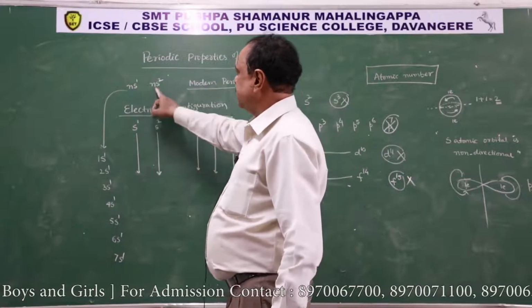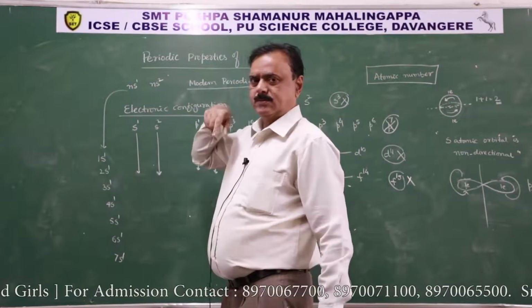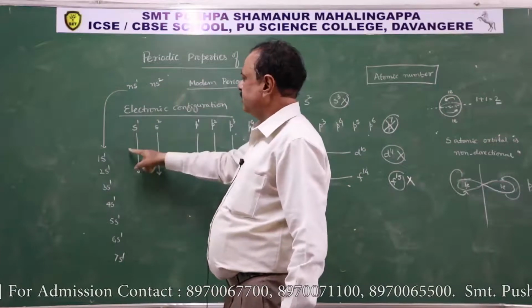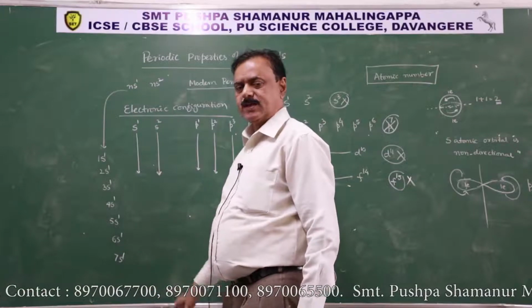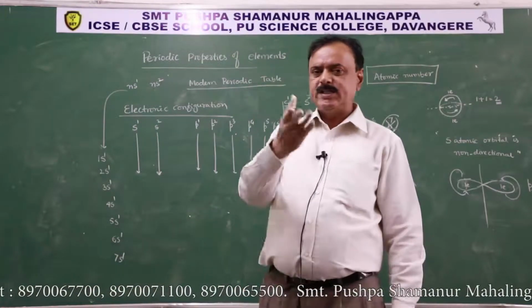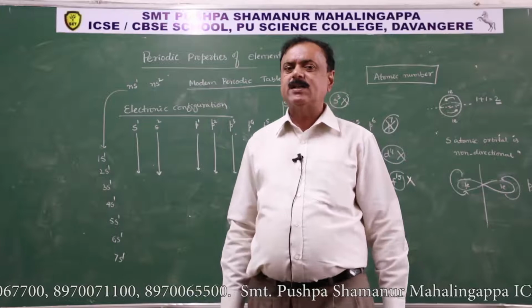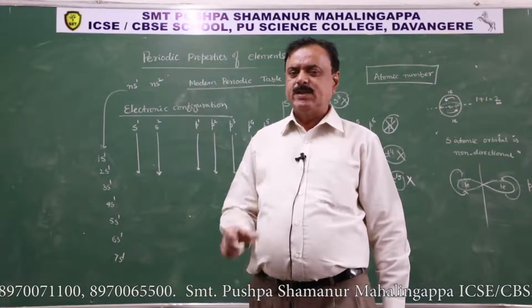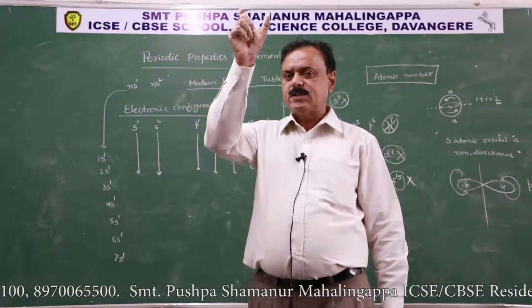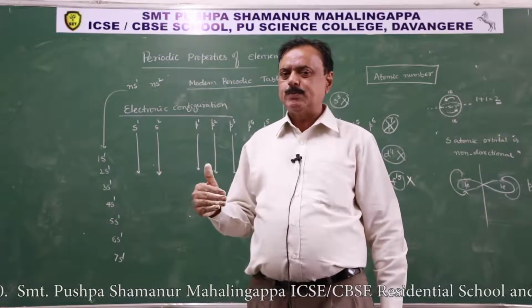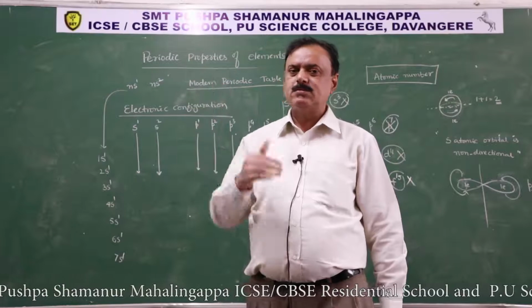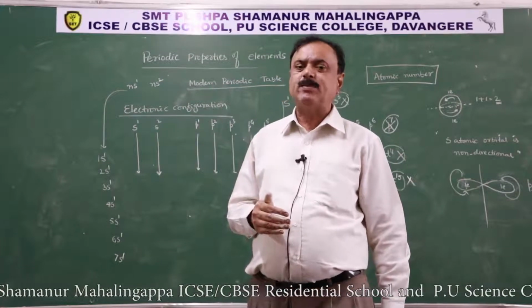Here ns2, by putting n equal to 2 and so on, we have 2s2, 3s2, 4s2, 5s2, 6s2 and 7s2. That is why, see the Aufbau principle diagram or energy level diagram. In the beginning we have 1s to 7s, then 2p to 7p.